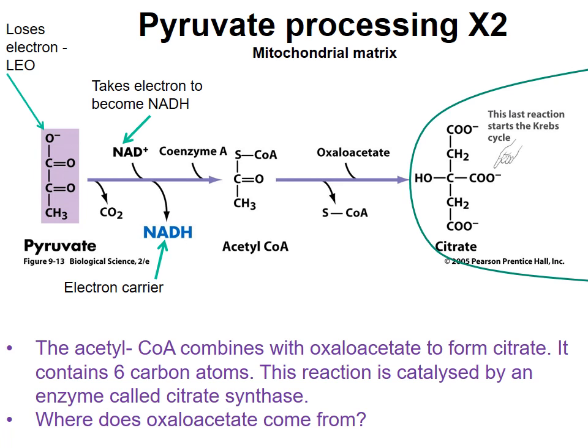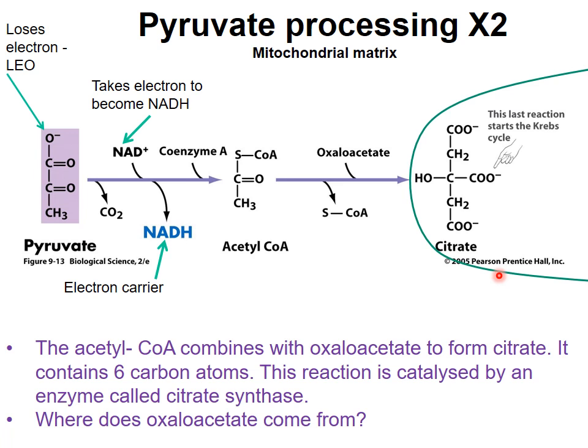Let's just remind ourselves that in the previous stage, pyruvate processing, acetyl coenzyme A combines with oxaloacetate to form citrate, and that is the first substrate required for the Krebs cycle. It contains 6 carbon atoms, and it's catalyzed by an enzyme called citrate synthase, and that's very important.